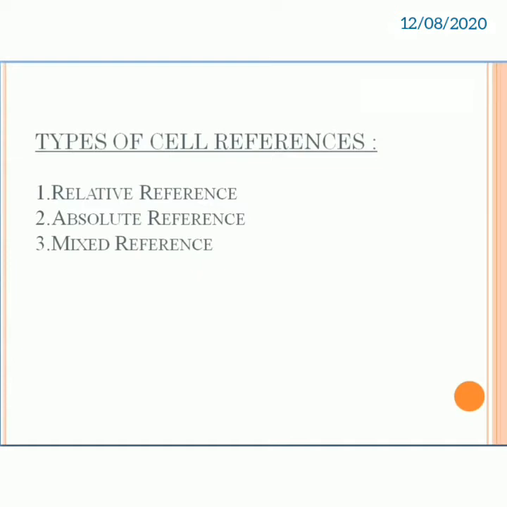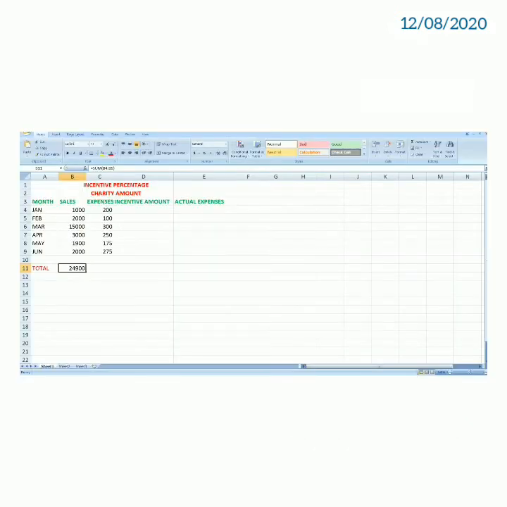When you create a formula, references to a cell or ranges are usually based on the position relative to the cell. And when you copy or move the formula to other cells, the reference cell automatically gets changed. So let us see one example. Consider the example as shown on the screen.